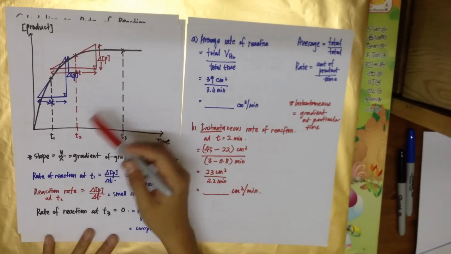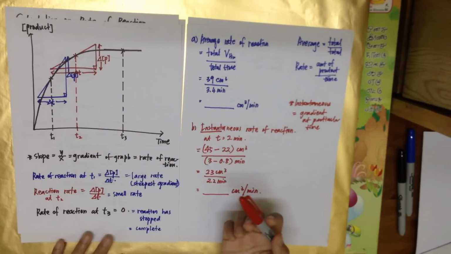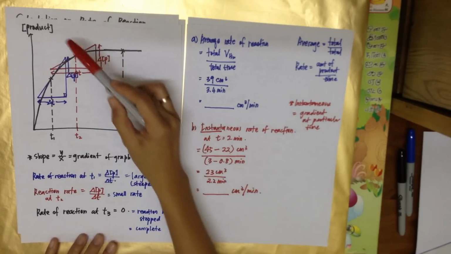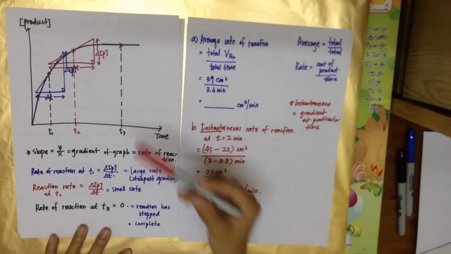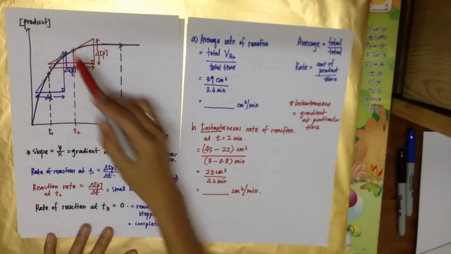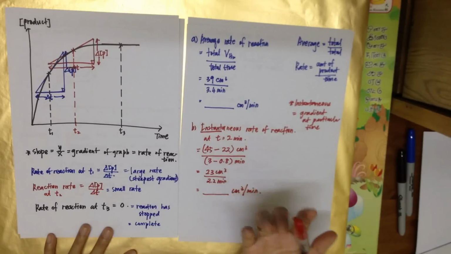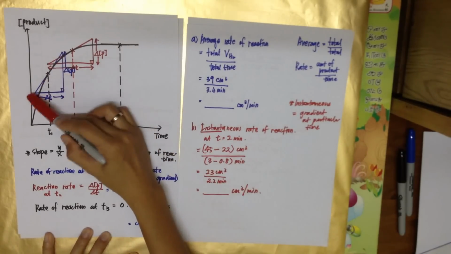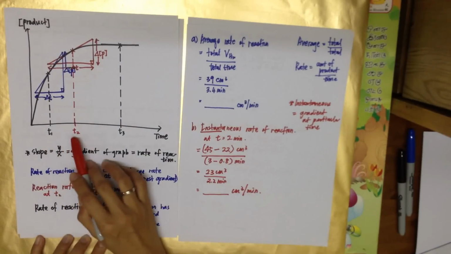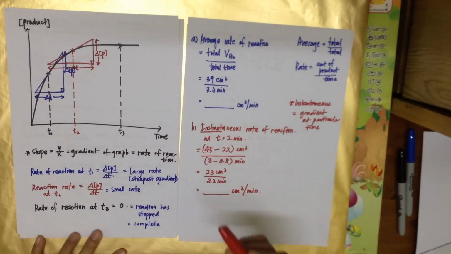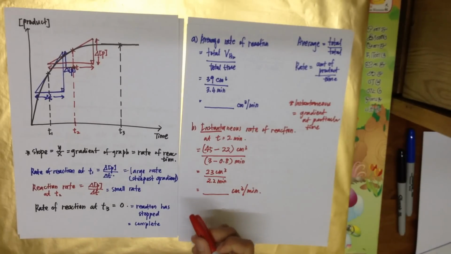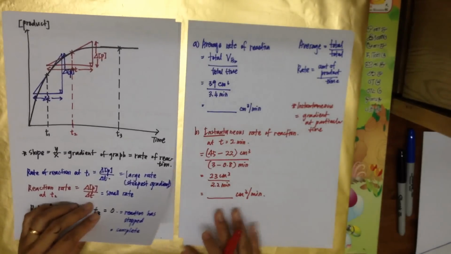The graph can be interpreted in different ways, and because the rate of reaction is defined as the change of the amount of product versus time, or the amount of reactant versus time, the gradient of the graph will be the calculation for rate of reaction. At different particular times, it brings different rates of reaction, and hence a different meaning on how fast or how slow a reaction proceeds.